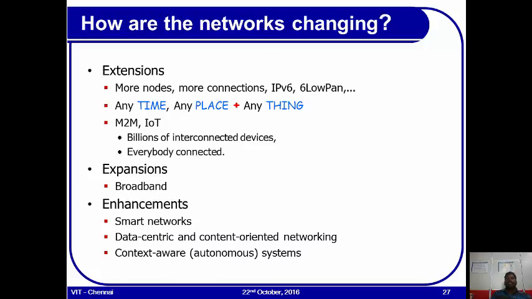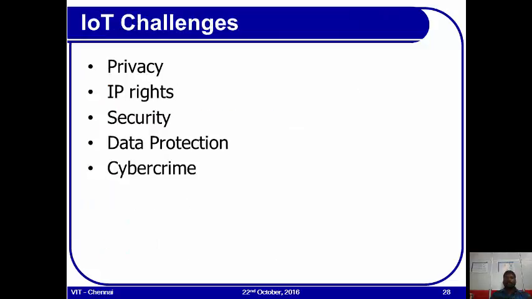How are the networks changing? Extension, more needs, more connections, IPv6, 6LoWPAN, anytime, any place, which is going to be a convergence of accessing anything. Machine to machine, expansions, broadband networks, enhancements, smart networks, data-centric and connection-oriented networking, context-aware systems.